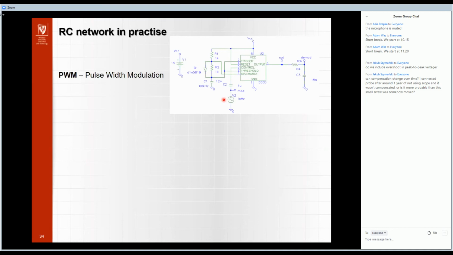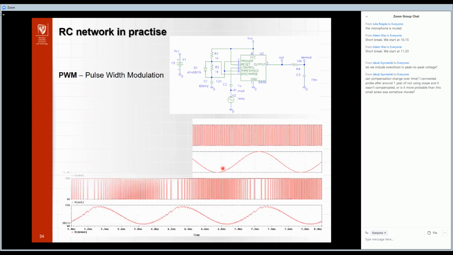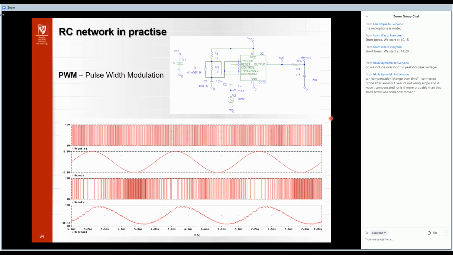It is a 1 kilohertz source, and first we see the carrier signal. It is the carrier signal generated by this generator, and now this is the modulating signal, and after that on the output we see the modulated signal.